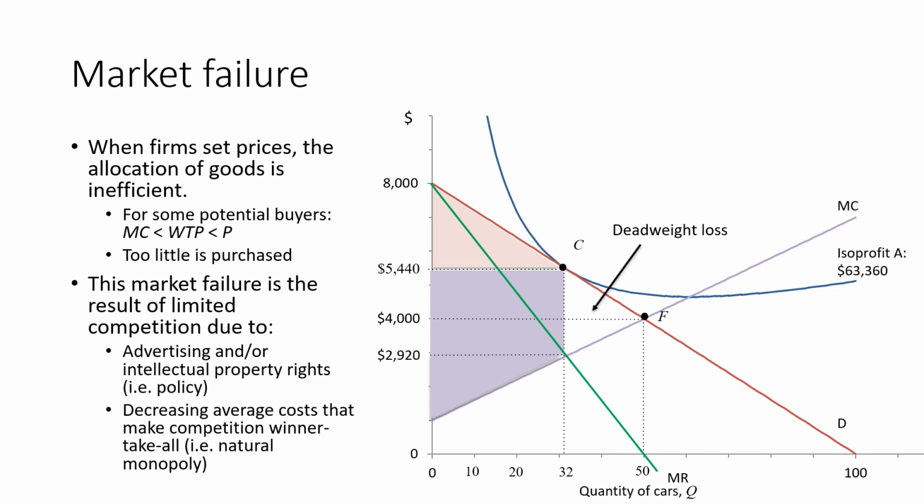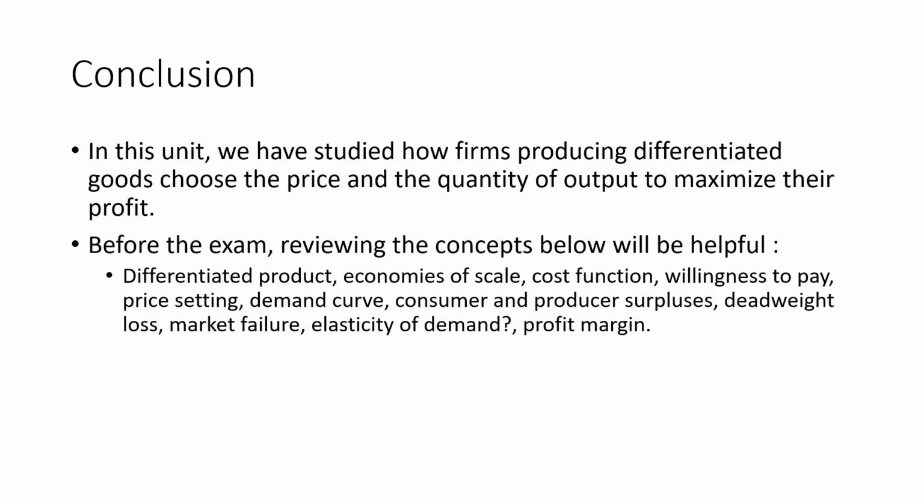So overall, in this Unit 7, the firms and their customers, we have studied how firms producing differentiated goods choose the price and quantity of output to maximize their profit. We also worked on what MC is when they maximize their profit, and how we calculate it along with elasticity of demand.